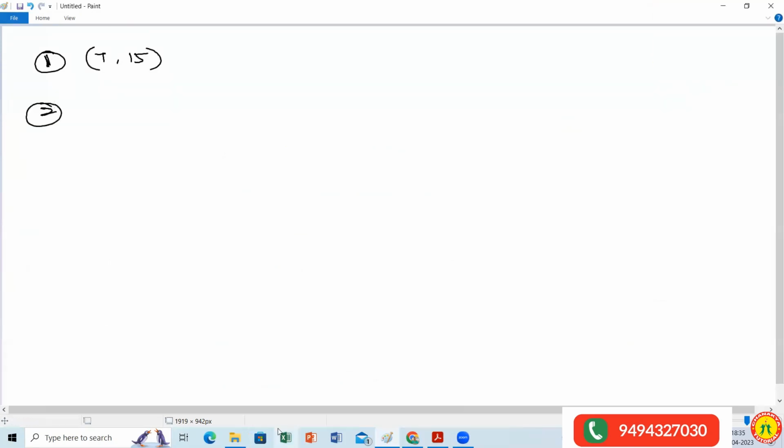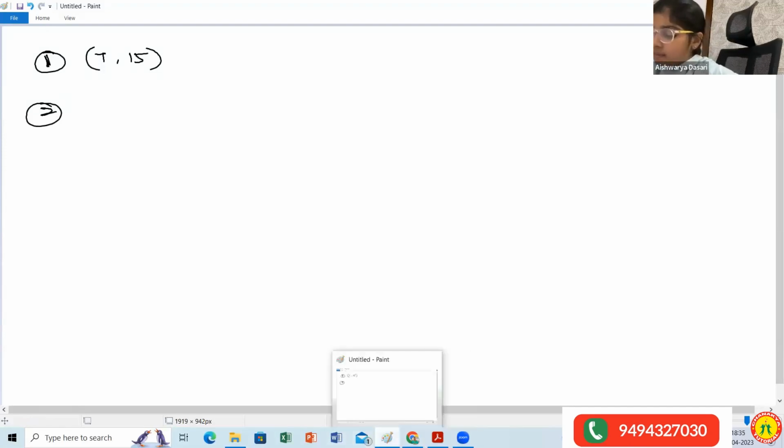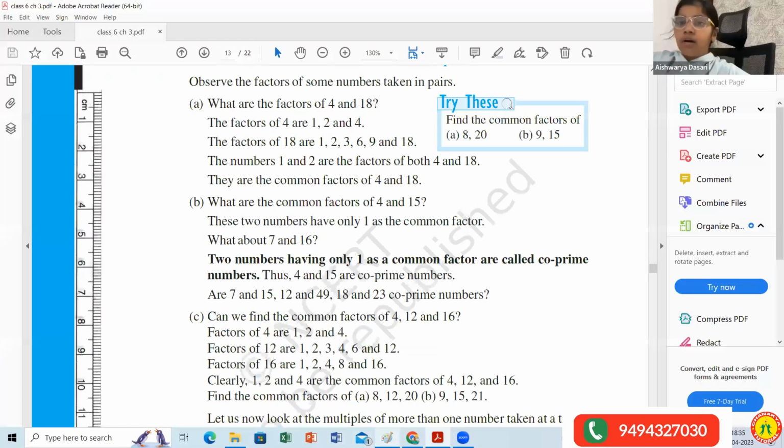Aishwarya, the common factor of 7 and 15 is 1. Very good. Only 1 as a common factor, so that is also the highest common factor, right? Can we say these numbers 7 and 15 are co-primes, Aishwarya? Yes, ma'am, they're co-primes. Very good.